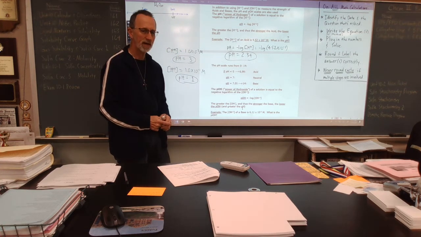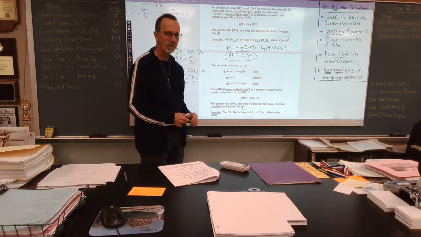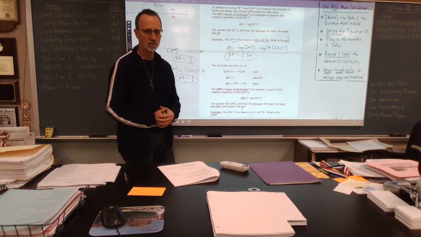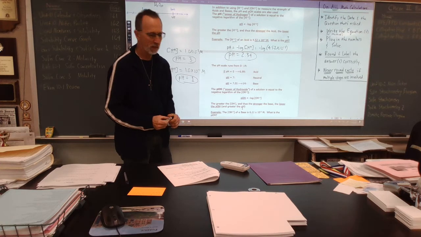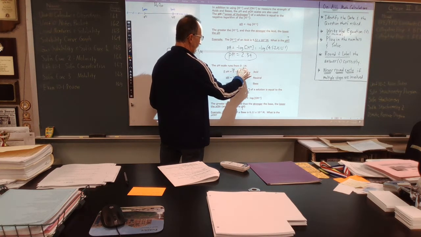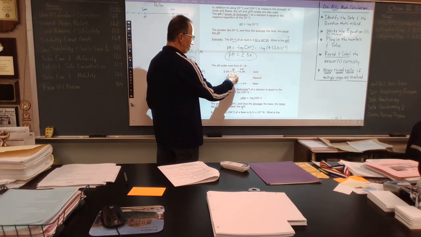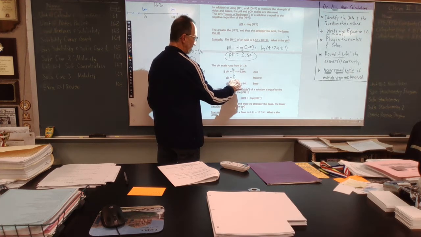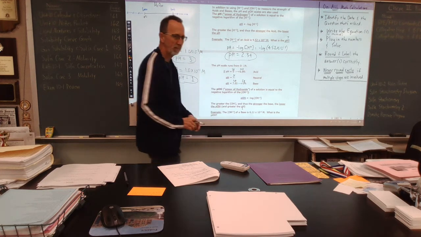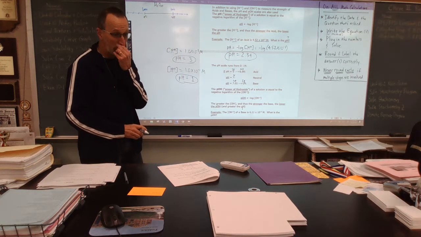And once you get above 7, up to a maximum of 14, that would be a basic solution, all right, a base. So this would be a strong acid. This would be a weak acid. This is neutral. This would be a weak base. And this would be a very strong base. Okay?